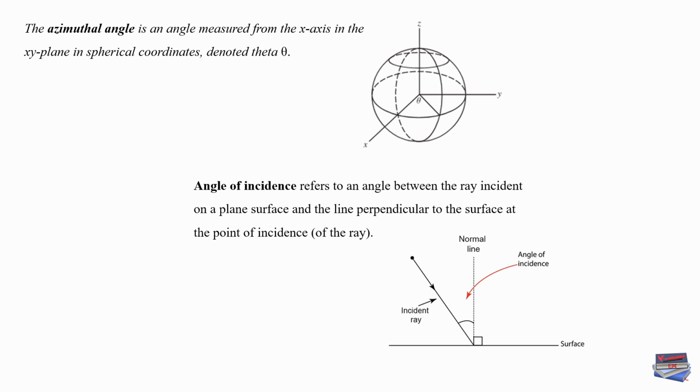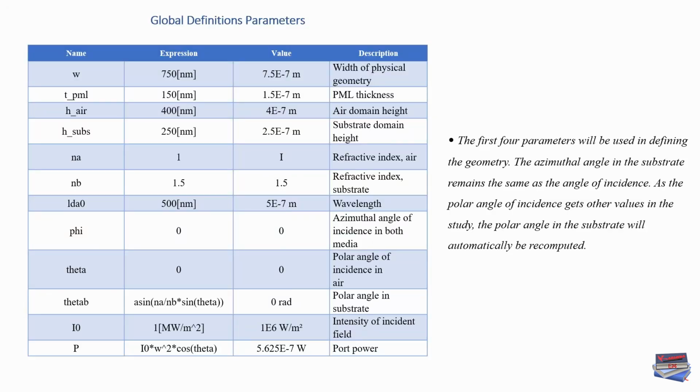These will be provided in a Word document, and I'll put the link in the description below for you to access. And now we have our global definition parameters, which are important.